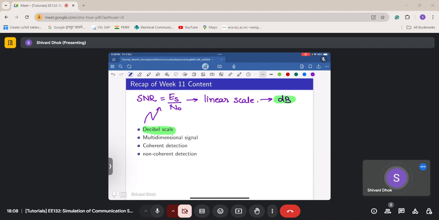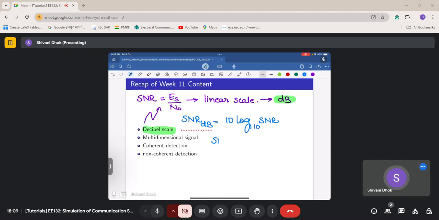To do so, the SNR in dB scale is simply equal to 10 log of SNR to the base 10. This is the conversion formula.